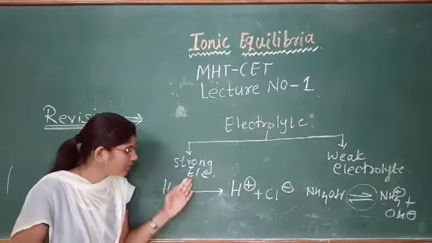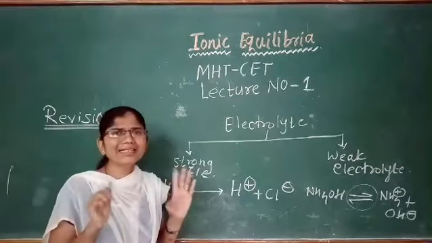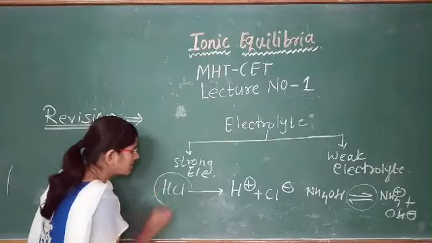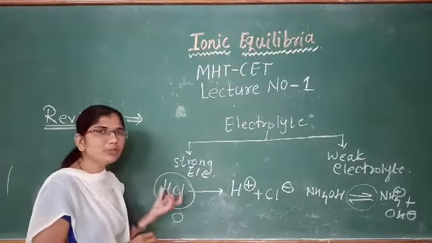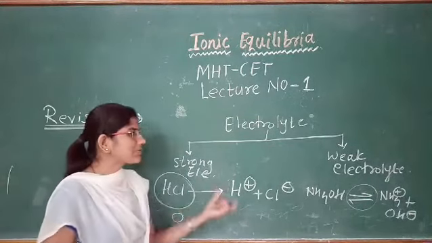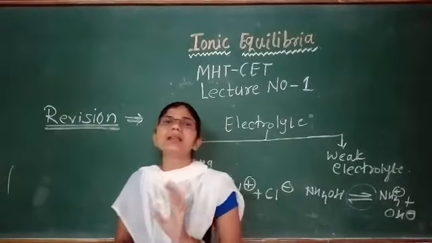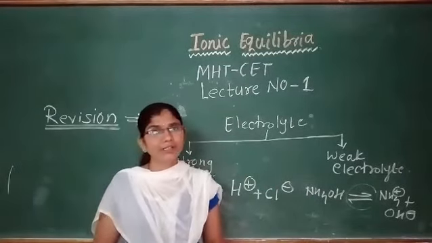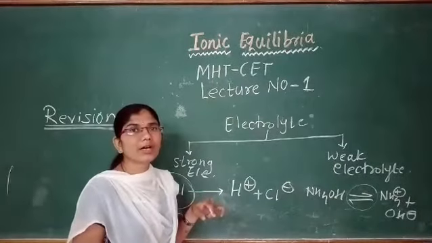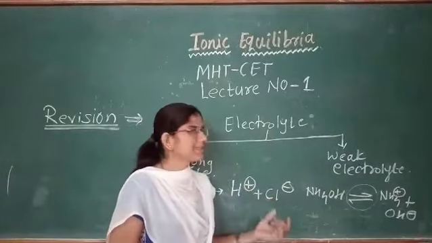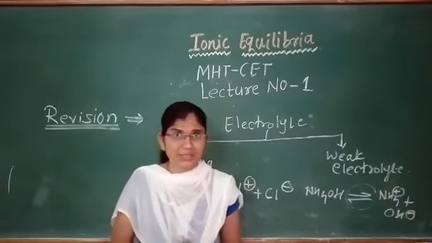A strong electrolyte dissociates completely, and therefore the concentration of HCl becomes zero, meaning all the molecules are dissociated, and only H plus and Cl minus ions are present in that solution.